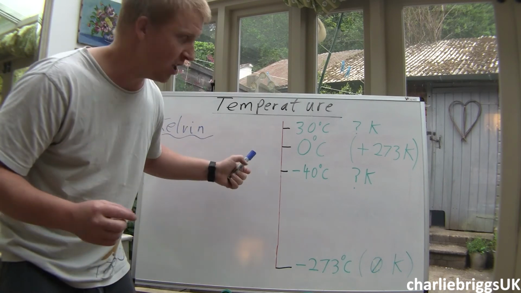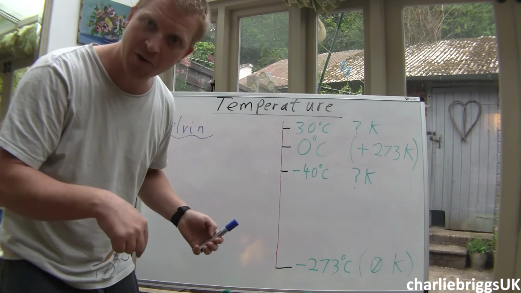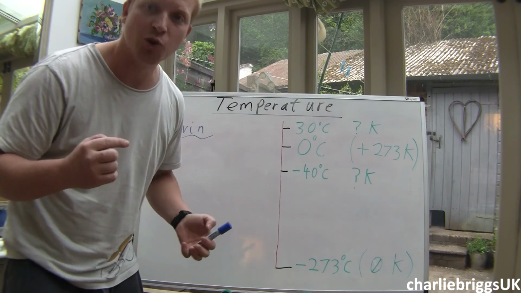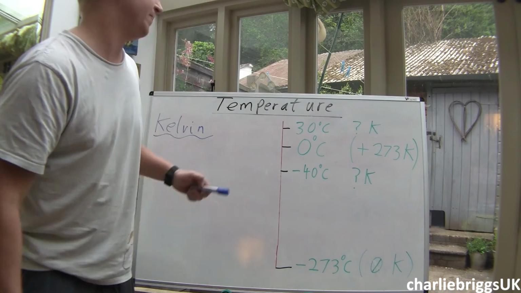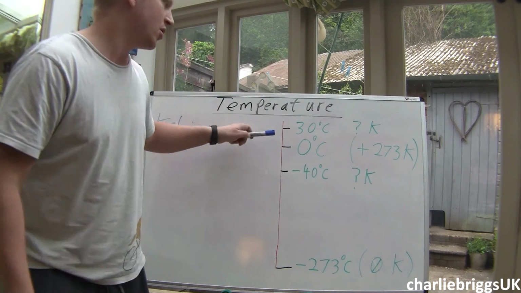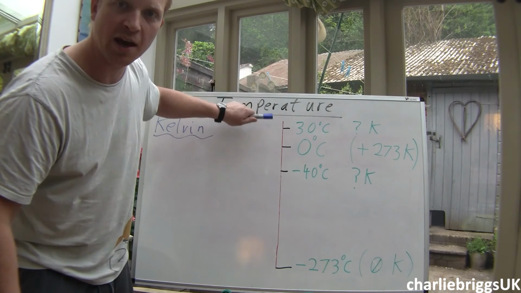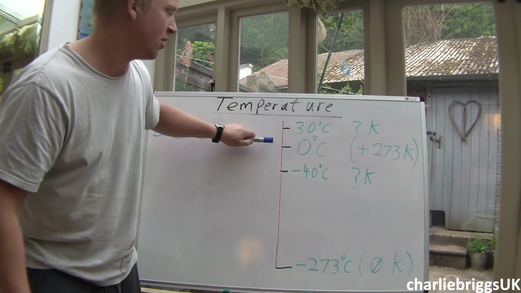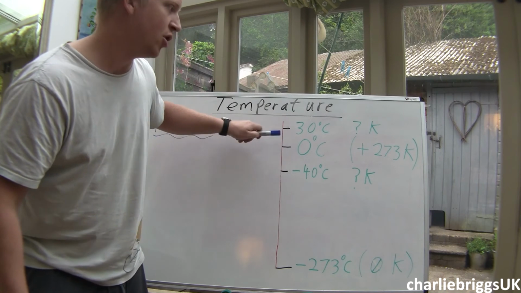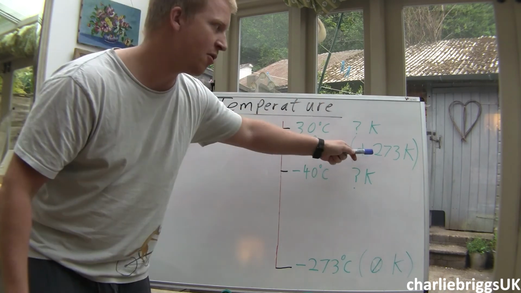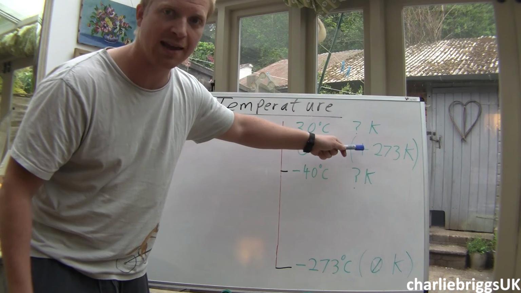So if you go up or down by 1 degree Celsius, you also go up or down by 1 Kelvin. Okay? So if you go up from here, warmer, you increase the number of degrees Celsius, you simply go up from 273 Kelvin.